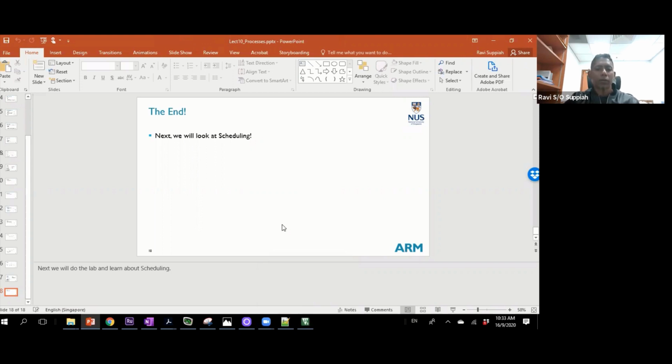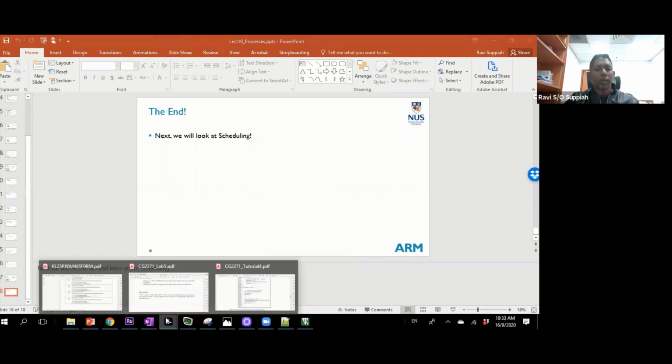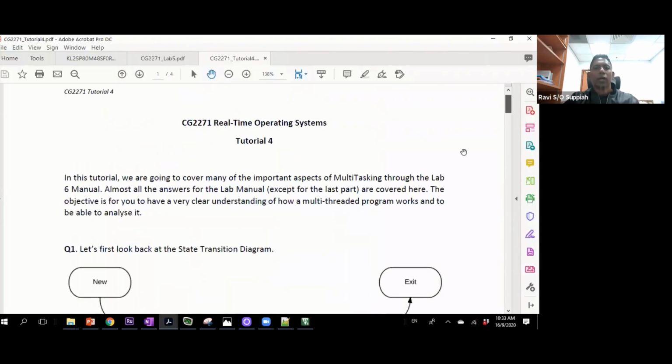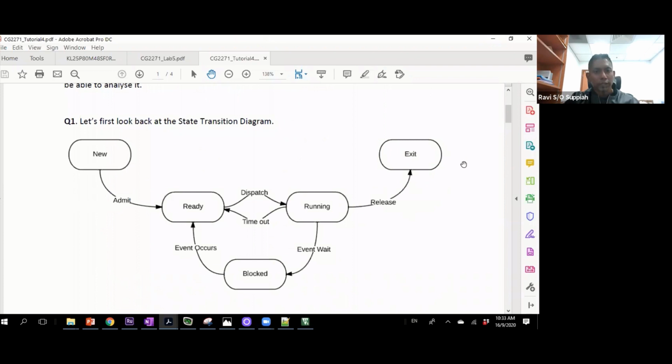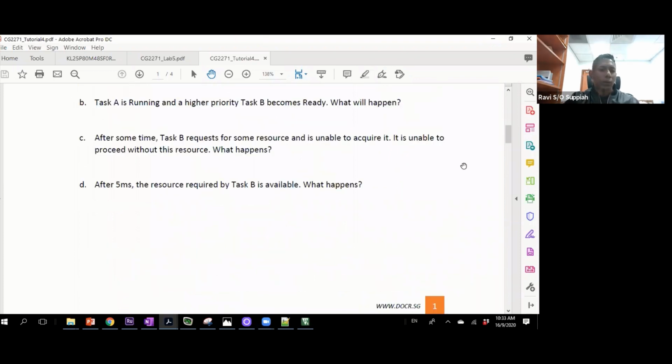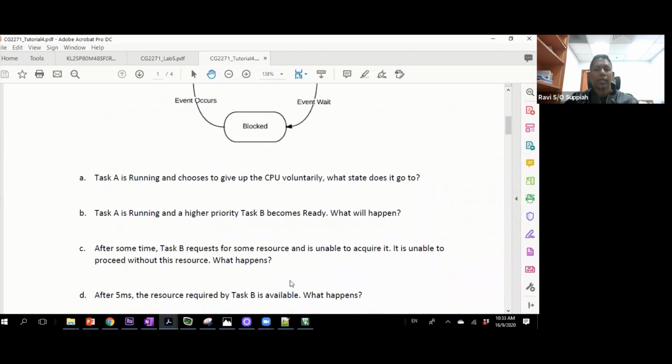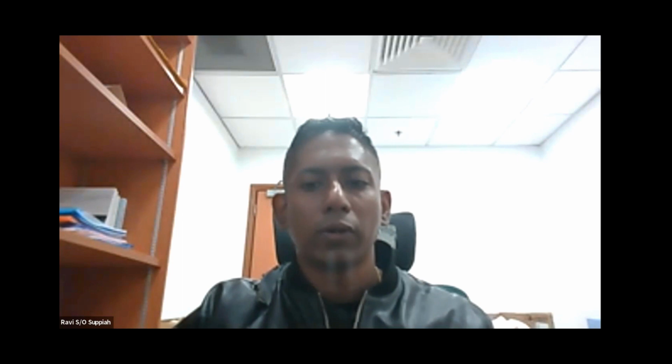So what I'm going to do now is, if you open up your tutorial, I sent you all tutorial 4 just now. There are a few questions here. I want you all to discuss question 1 first, and how we're going to do this is I'm going to send you all, about 50 people, to about 8 different breakout rooms, randomly.